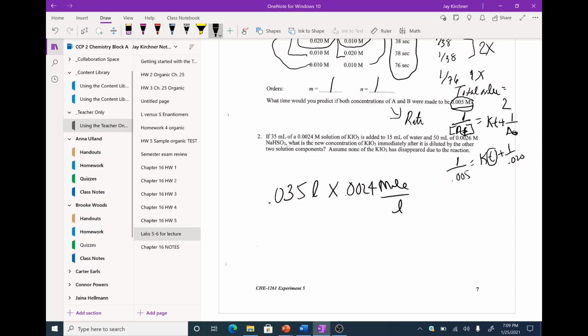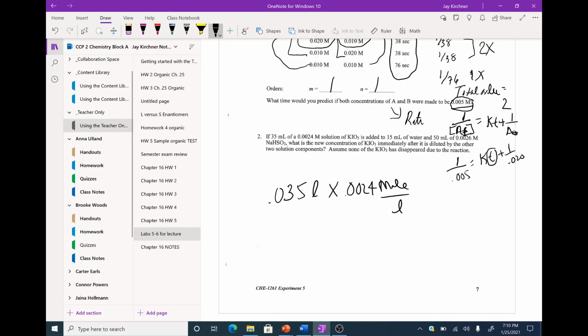We're going to then add it to 15 mils of water and 50 mils of this sodium persulfate. Anyway, you're diluting it. So we could do it as a dilution problem, or we could do what I'm about to do. So what's the new concentration?